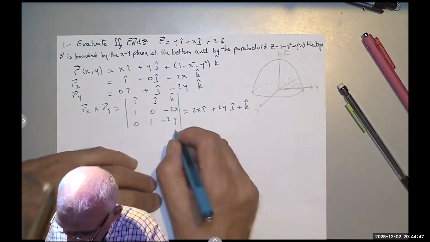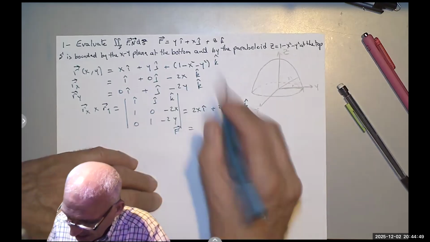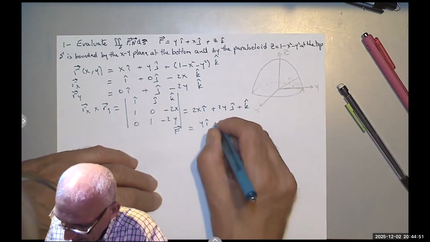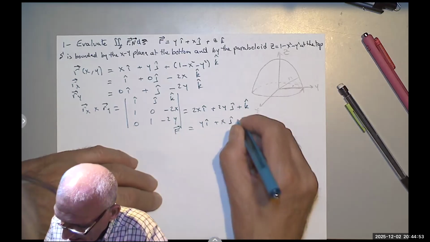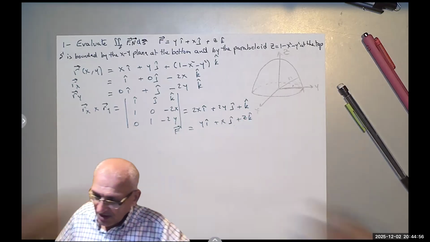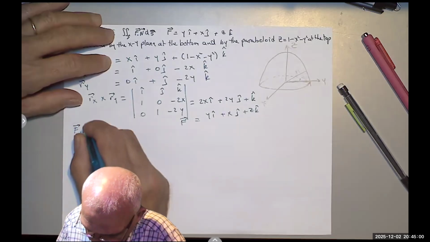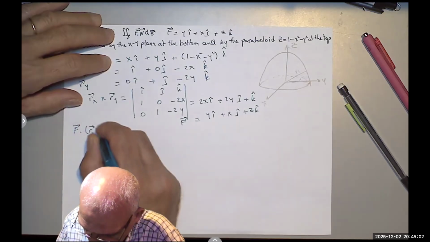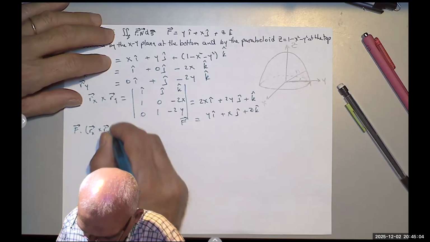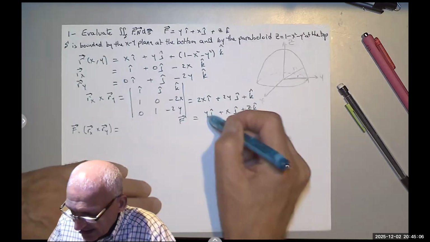My F is already y i plus x j plus z k. So when I perform F dot r_x cross r_y, I should get 2xy.